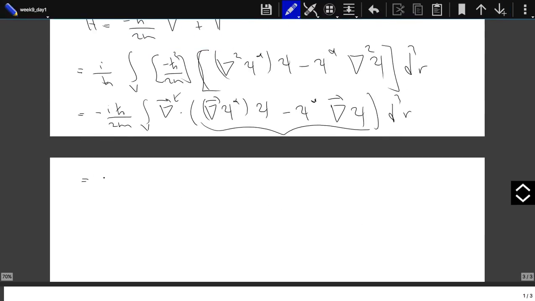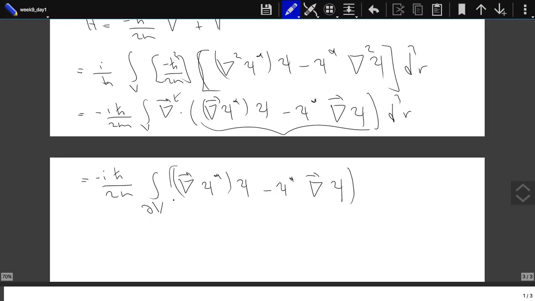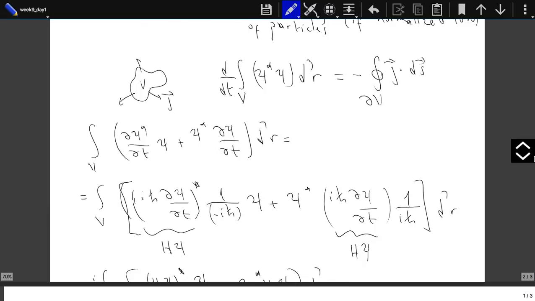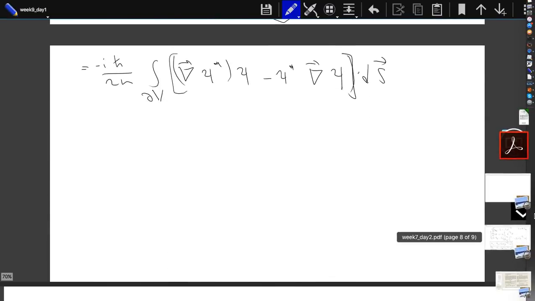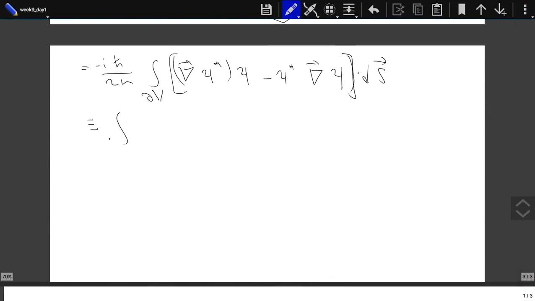This is equal to minus i h bar over 2m over the boundary of V, gradient of psi star psi minus psi star gradient of psi dS over the area. And this should be equal to minus J dot dS.